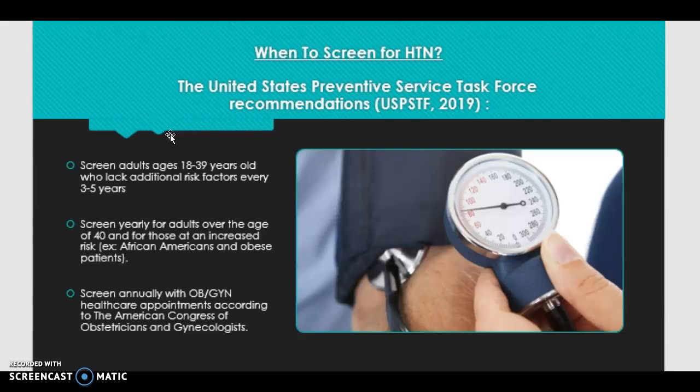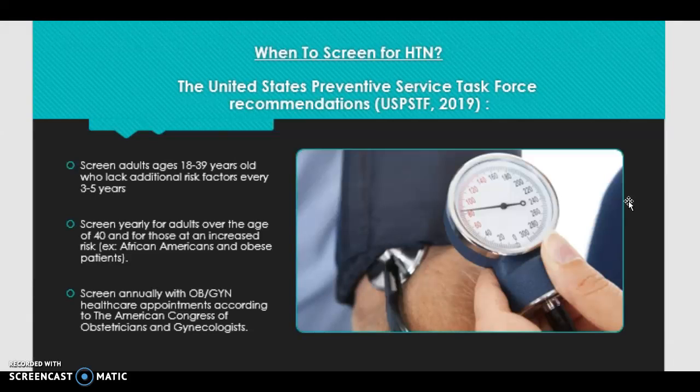It is very important to screen for hypertension, and according to the United States Preventive Services Task Force, as of their 2019 recommendations, adults between the ages of 18 and 39 years old who lack other risk factors such as diabetes, smoking, significant family history, etc., those people should be screened every 3 to 5 years.